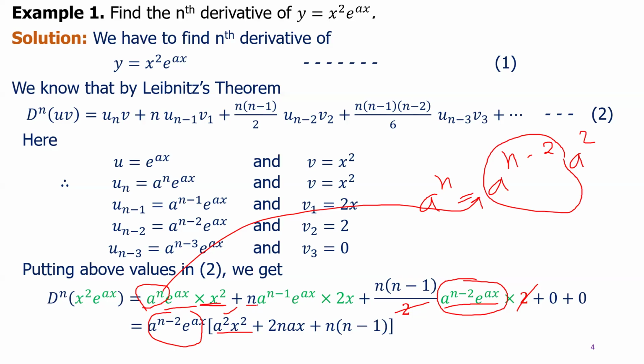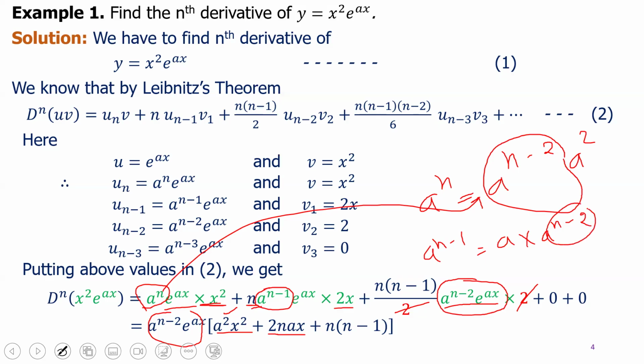Similarly here, this 2x into n means 2nx, and this is a to the power n minus 1. How do we write a to the power n minus 1? It can be written as a into a to the power n minus 2. And a to the power n minus 2 we have already taken outside. What is remaining over here?